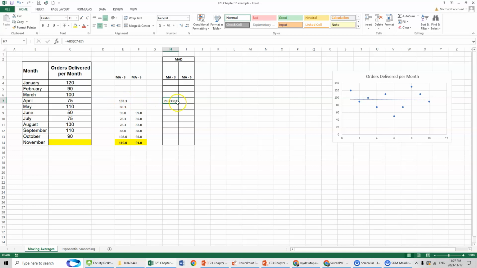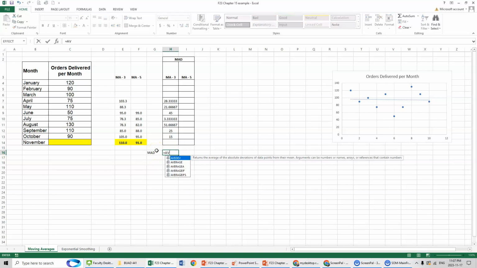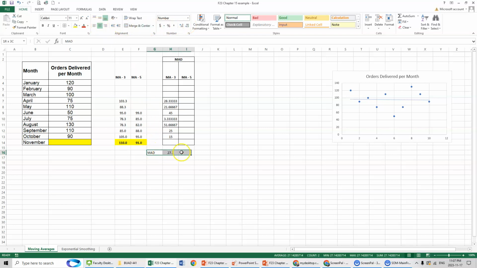We can just copy and paste that down, or drag it down to the last real data we have. Then we calculate the average of this data. The mean absolute deviation for this is 27.1. And this is the value we want to compare.